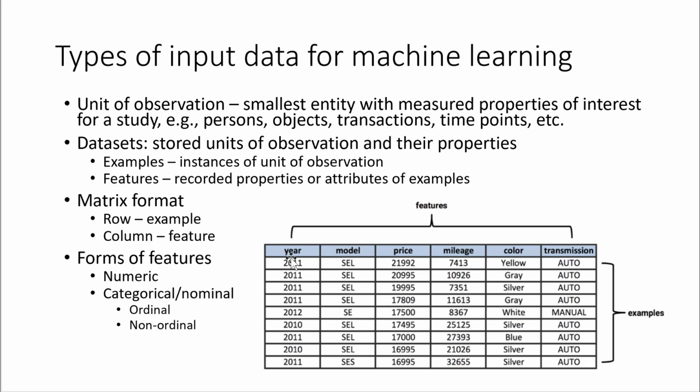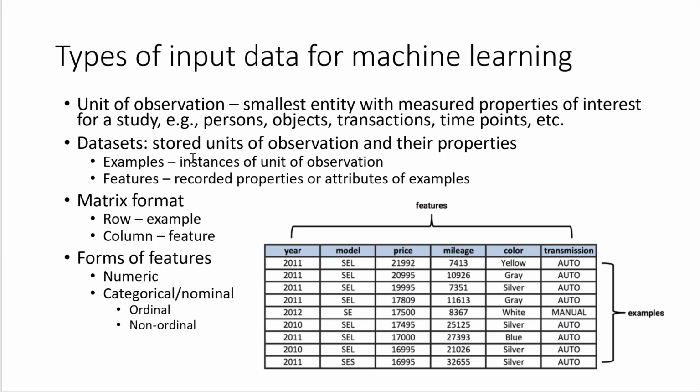So we have the year of production, the model of the car, the price, the mileage, and the color of the car, also the transmission, whether it's automatic or manual. Each car is one example in this dataset, and each column corresponds to one feature of the dataset.